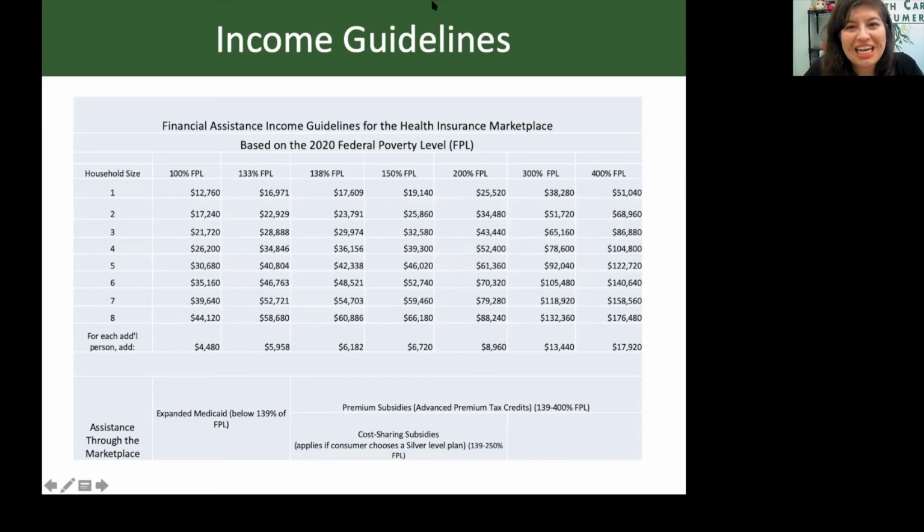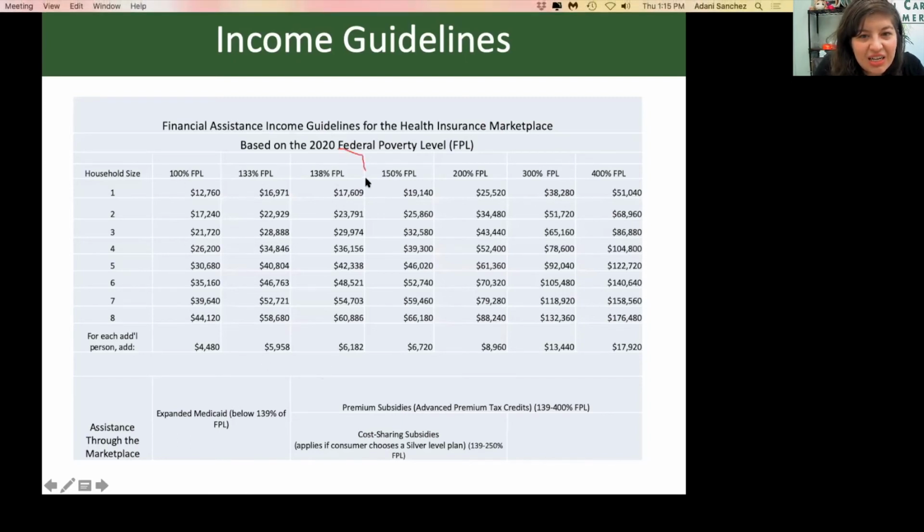So I'm going to take out my pencil again, and you can see here at below 139% of the federal poverty level, that's where someone might qualify for Medicaid. So that's for one person, about $17,609 a year. You would more likely be eligible for Medicaid.